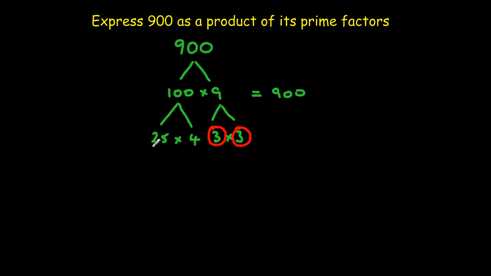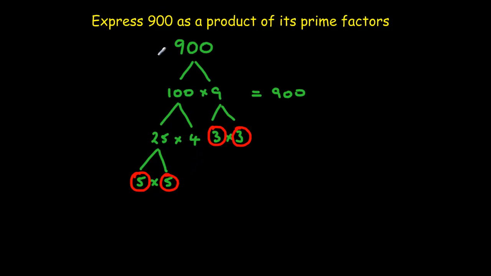But I can keep going with, let's say, take 25. Now 25 we know is 5 times 5. And once again, 5 and 5, they can't be factorized anymore because they're prime numbers as well. So I'm going to put down a circle around those to say we will stop them there.